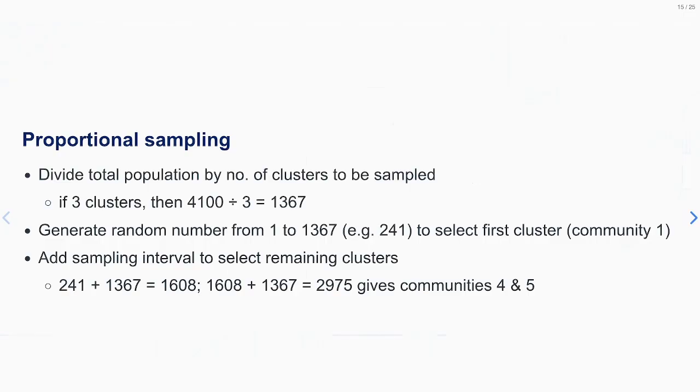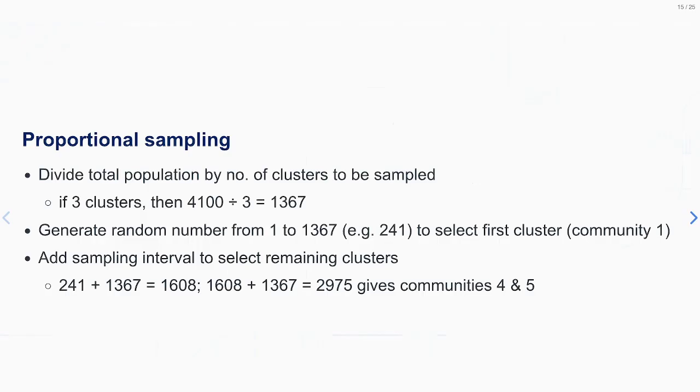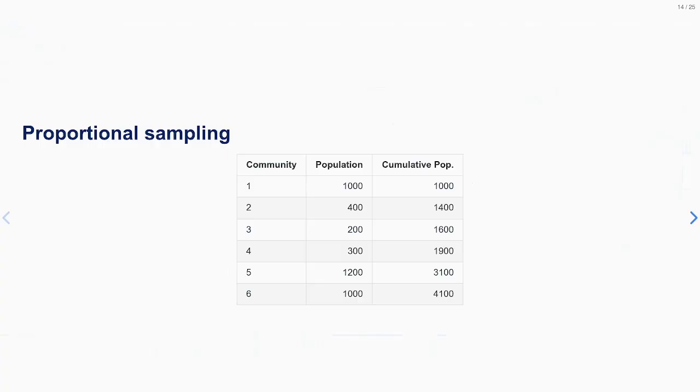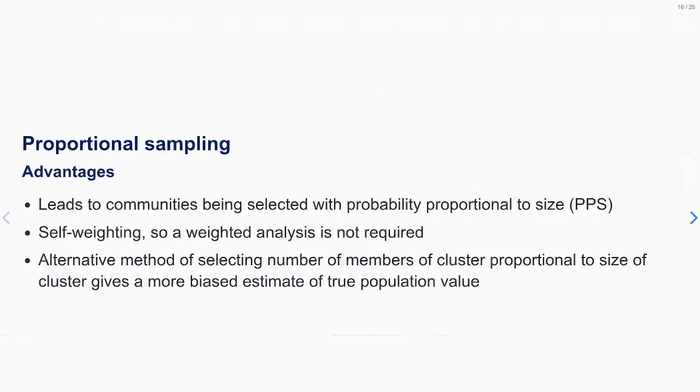And so if we look here at the cumulative population, we find that the 1,608th individual is going to be in community 4. The next interval is 2,975, and if you look here, that individual falls within the 5th community. And so thus we're selecting community 1, 4, and 5.